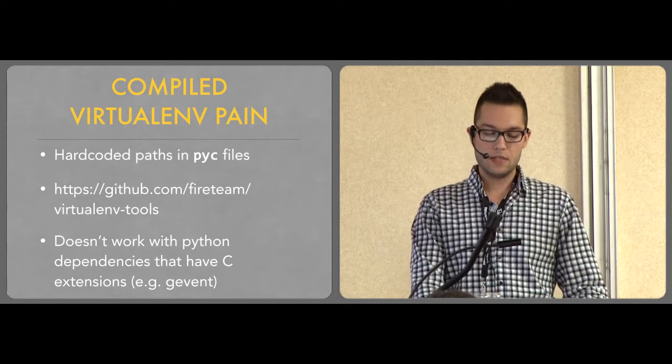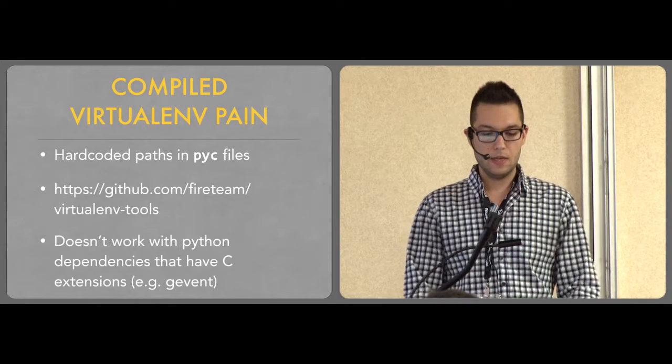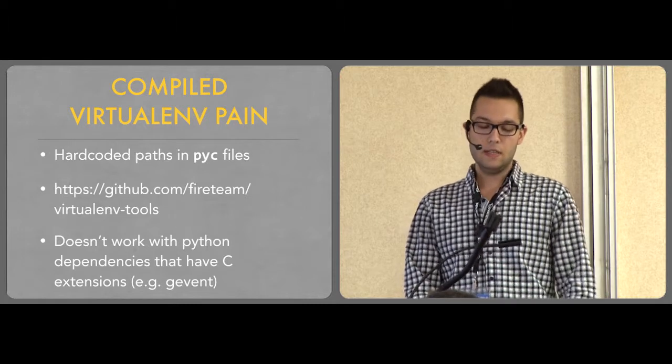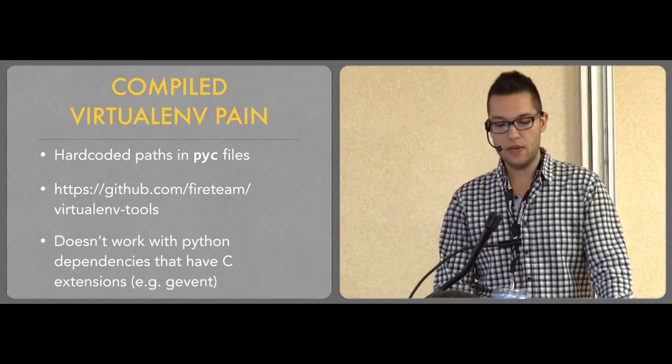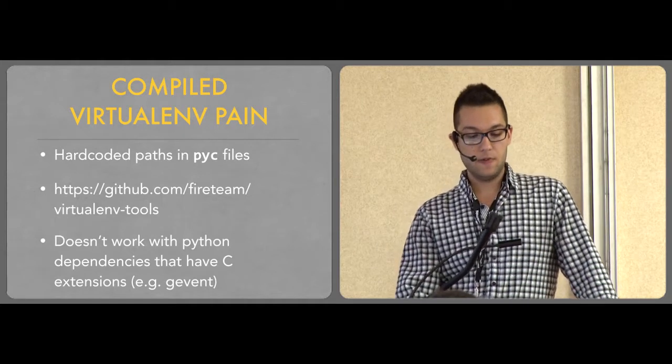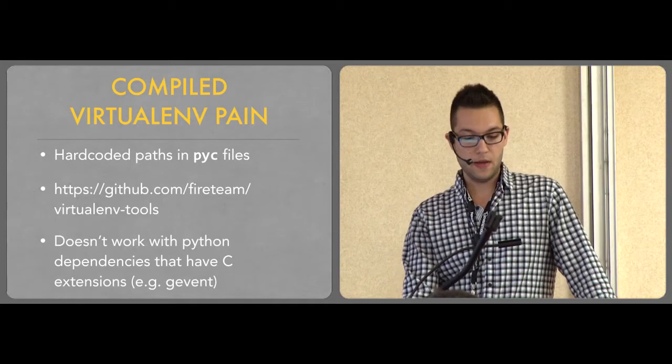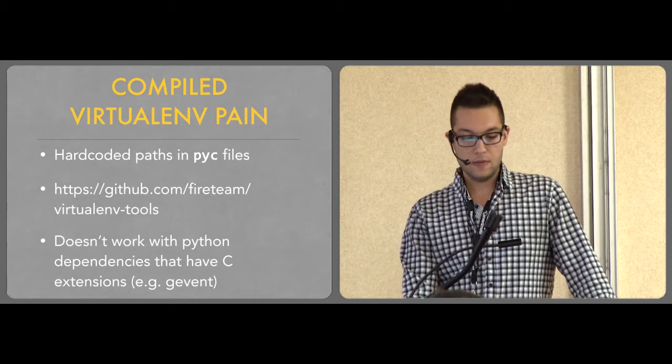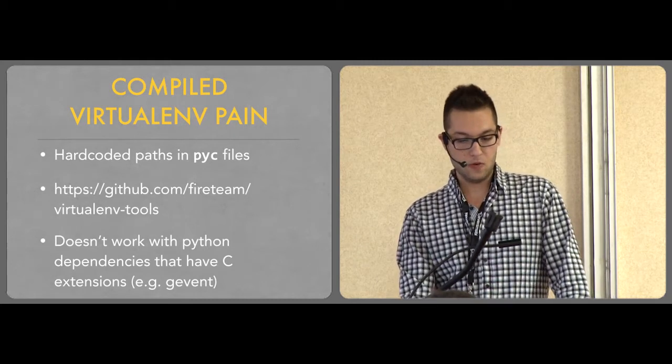But unfortunately for us, that wasn't a viable option because we use gevent, and it doesn't go through any of the compiled output files to change those hard-coded paths. So anything that has any dependencies on C extensions, you're kind of SOL.